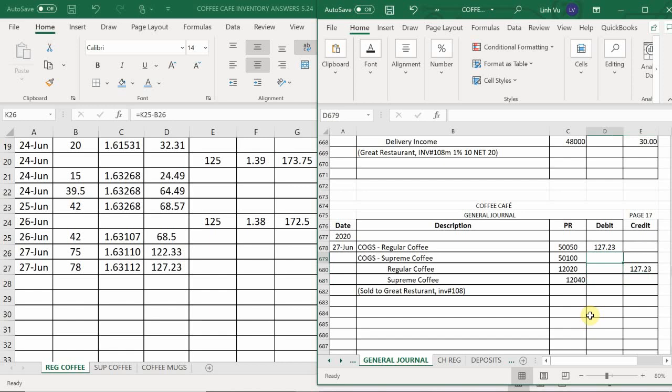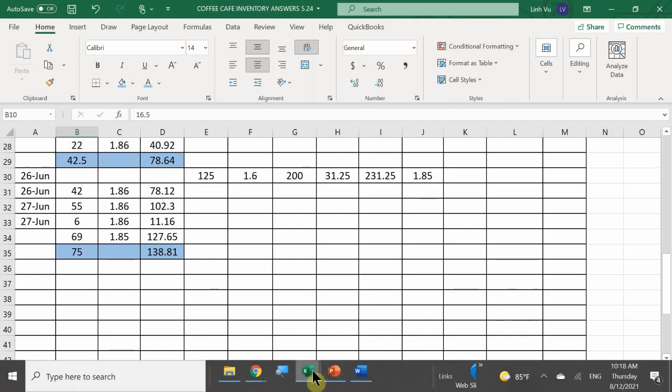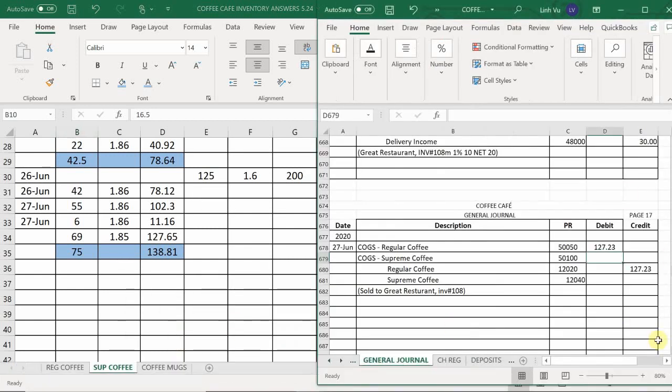And then my Supreme coffee is going to be 138.81. Okay. Right?